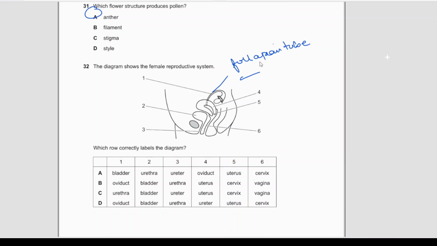Okay, what is the other name of the fallopian tube? Oviduct. So it can be B or it can be D, right?